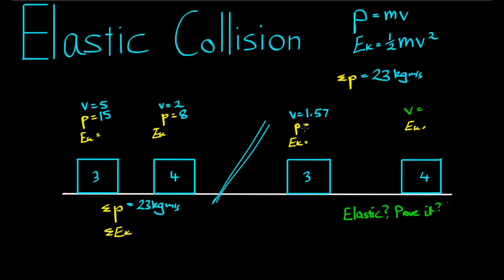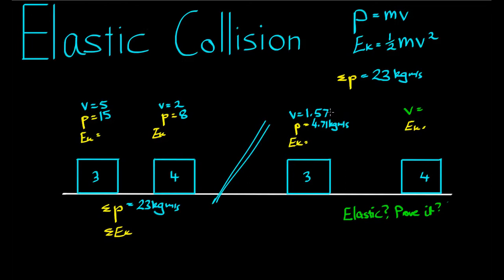We can also figure out the momentum of this box here. P is equal to mv, that's 3 times 1.57, or 4.71 kilograms times meters per second.